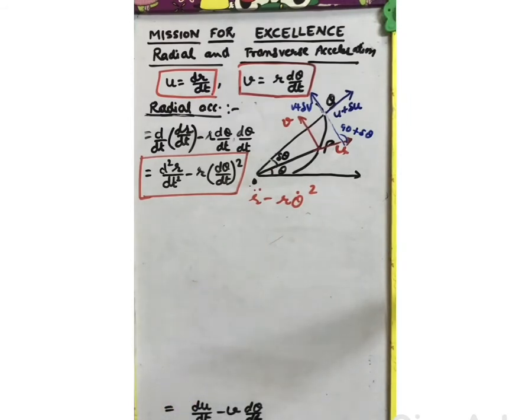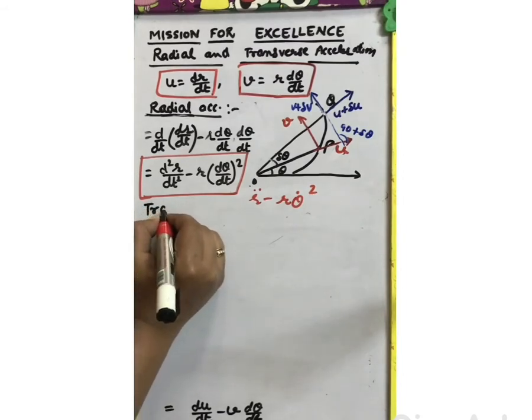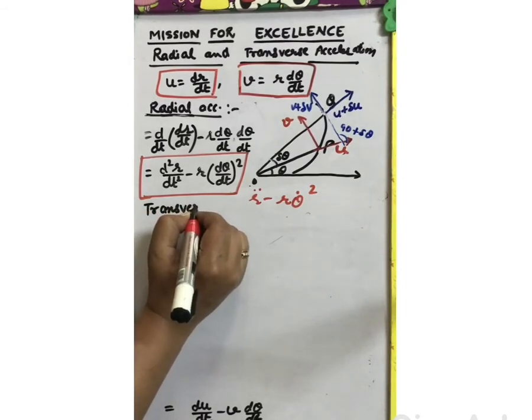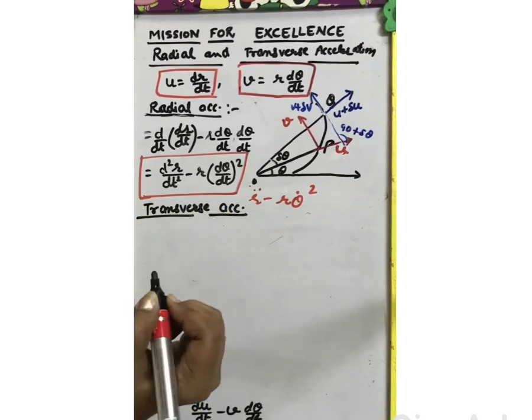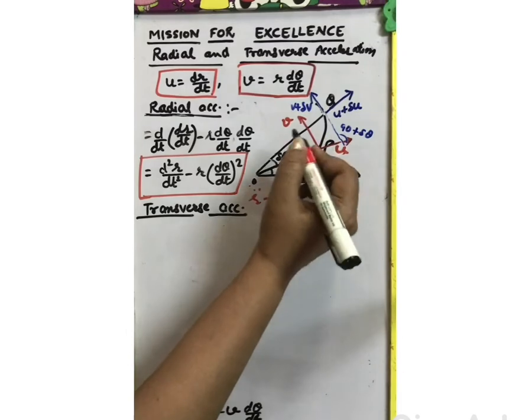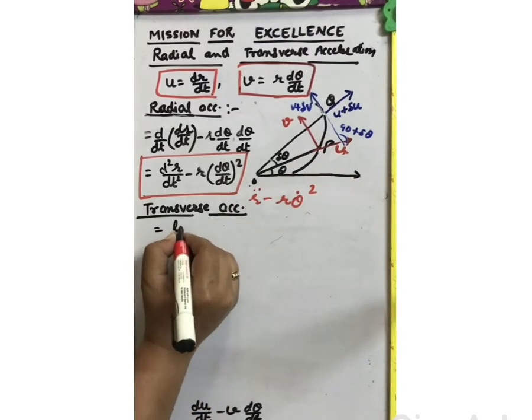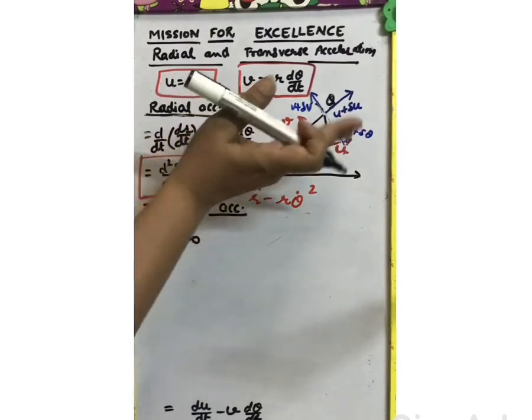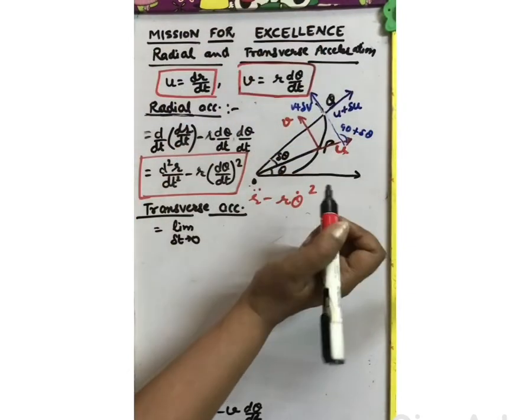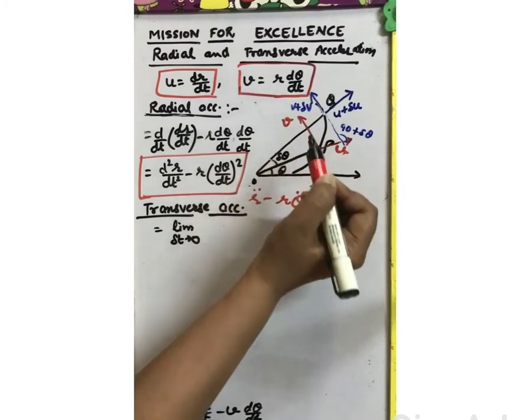Now we will derive transverse acceleration. So now let us take the transverse acceleration as limit delta t tends to 0. Now we'll resolve all these velocities in the direction perpendicular to this, that is in the direction of v.